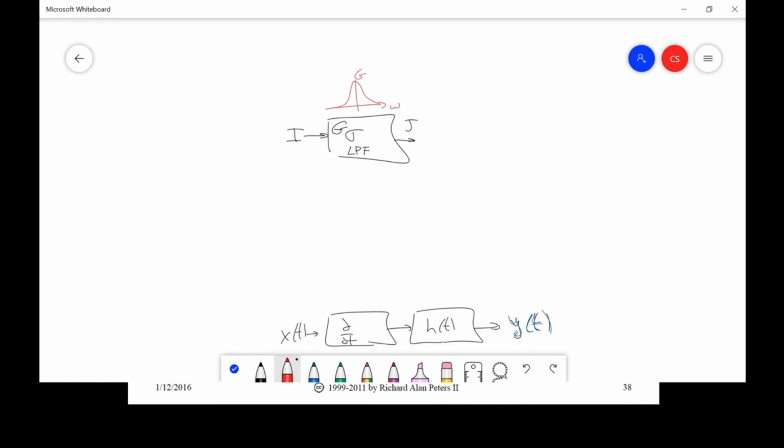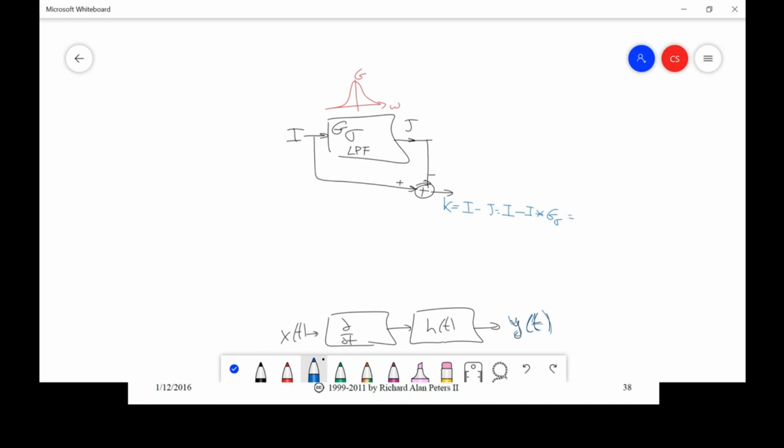Now I will construct K. This one goes with plus, this one goes with minus, so K is equal to I minus J. But J was I convolved with G sigma.